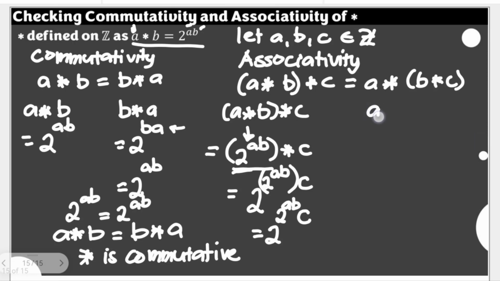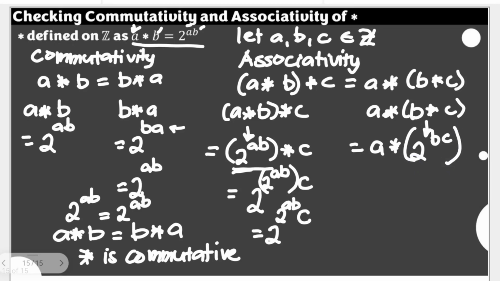You have a star (b star c). We will be starting with this, so that's 2 per definition: 2 to the power of bc. But this again will be subjected to the operation with a, and this will be treated as one, the second element for our second star operation.